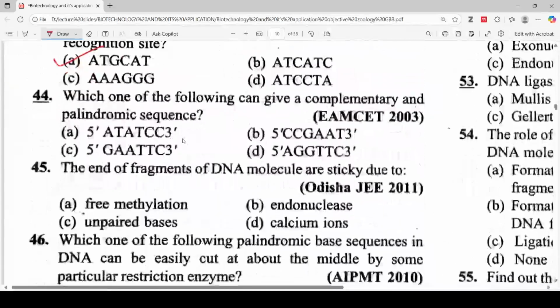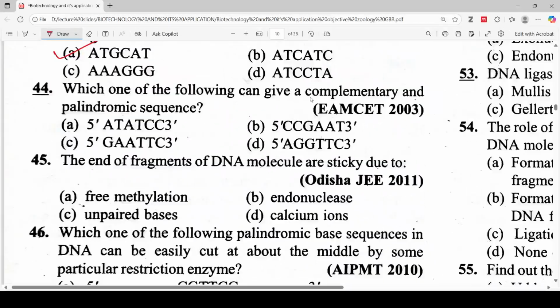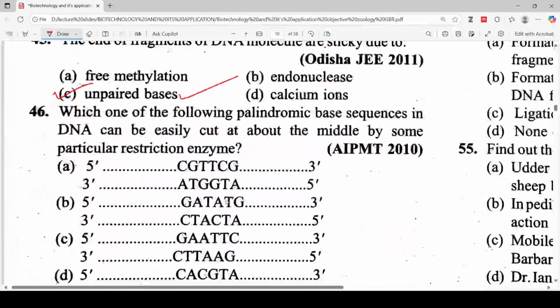Which of the following can give a complementary and palindromic sequence? So the correct answer here is option C. The ends of fragments of DNA molecules are sticky due to, option C, unpaired nitrogenous bases.